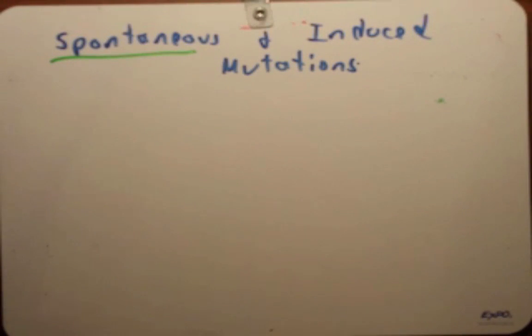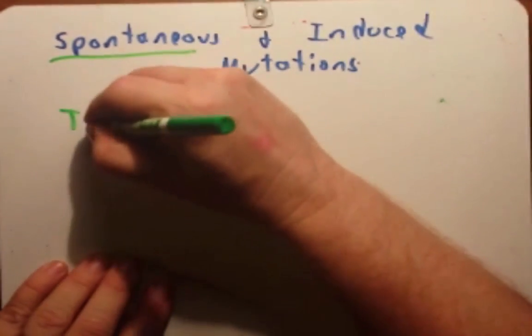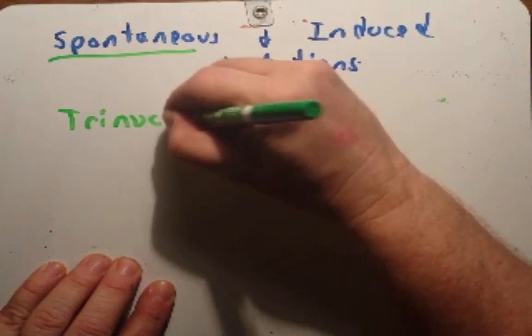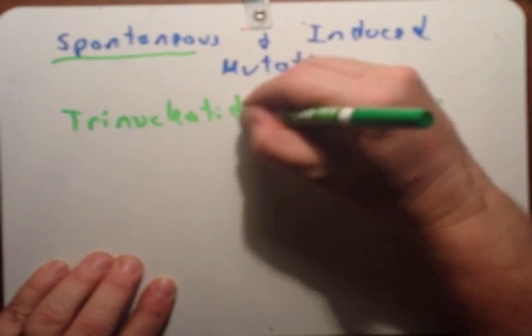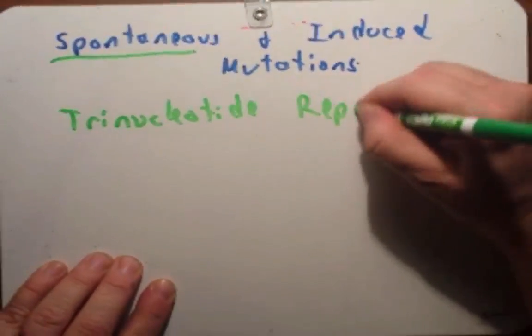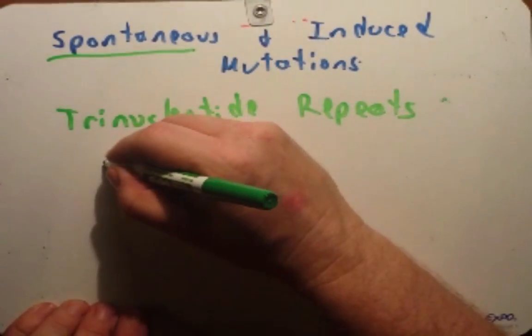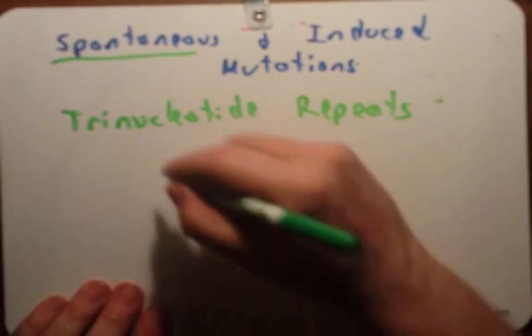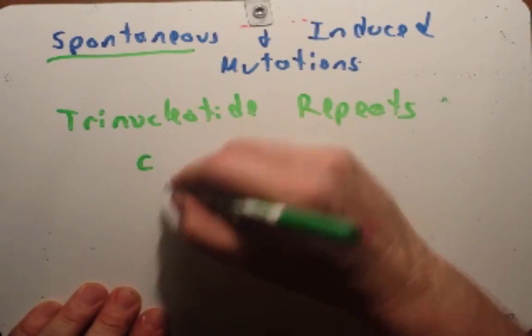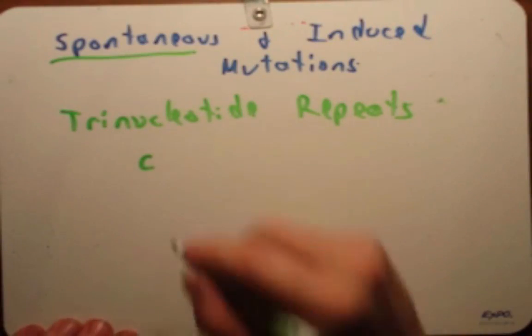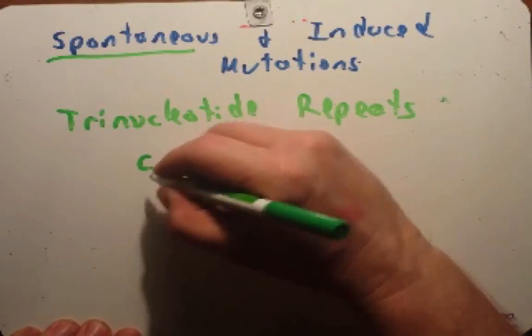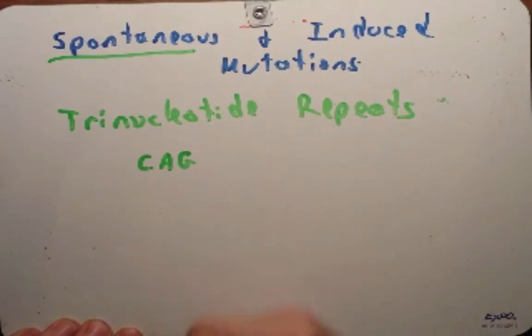The last thing I want to talk about, and I'm going to talk about it in very general terms, are these trinucleotide repeats. Trinucleotide repeats, as far as the DNA is concerned, add a series of 3 nucleotides, and they're repetitive. For instance, a classic one is CAG.